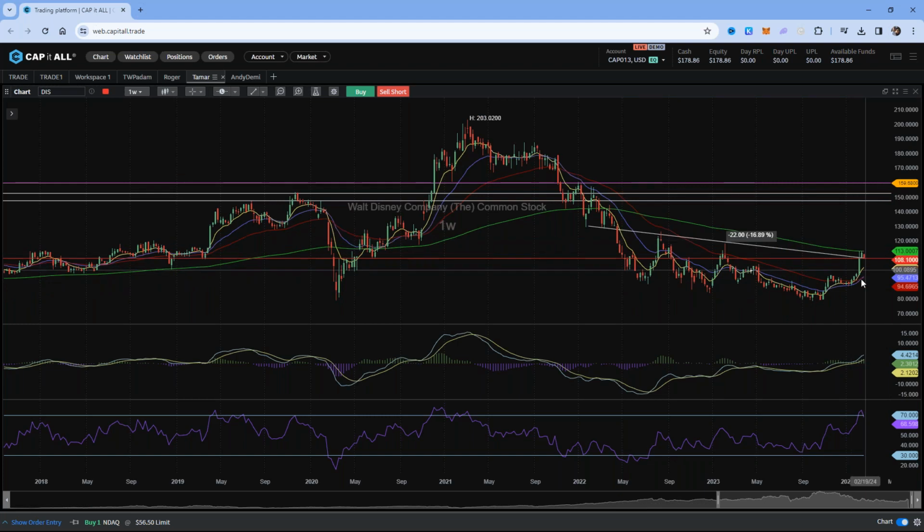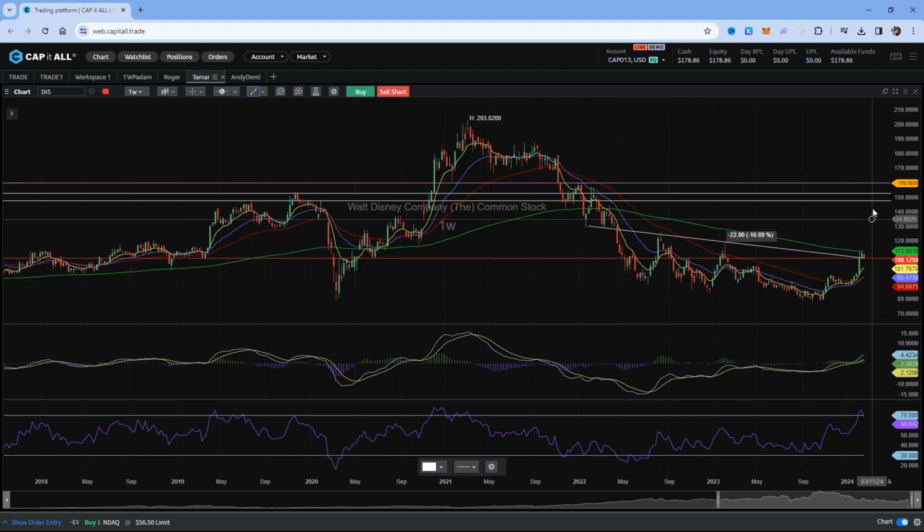I quite like this as a potential break. However, I don't know if I'd want to go against this trend. This is channeling down, this is trending down. So for me, I'd probably wait and see what happens. I think for short-term traders, that 100 level looks like good value to me.